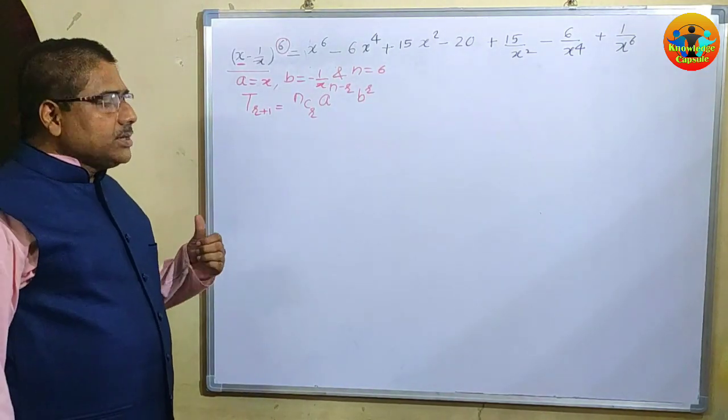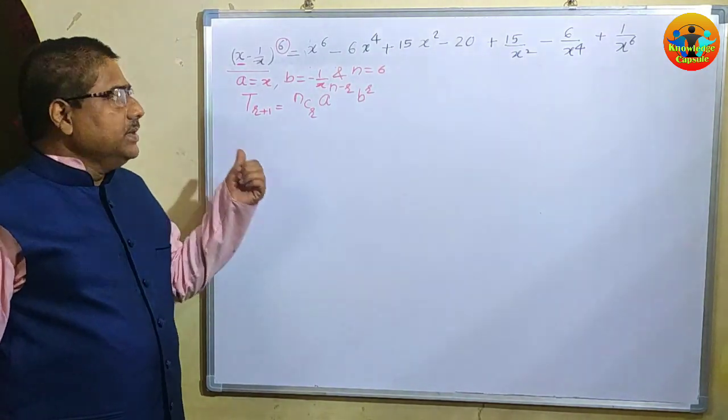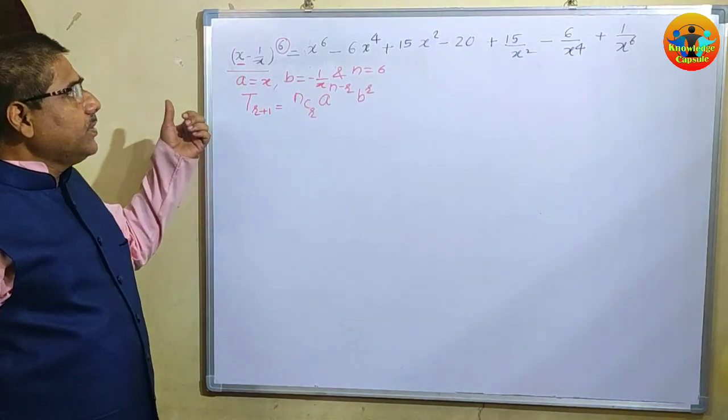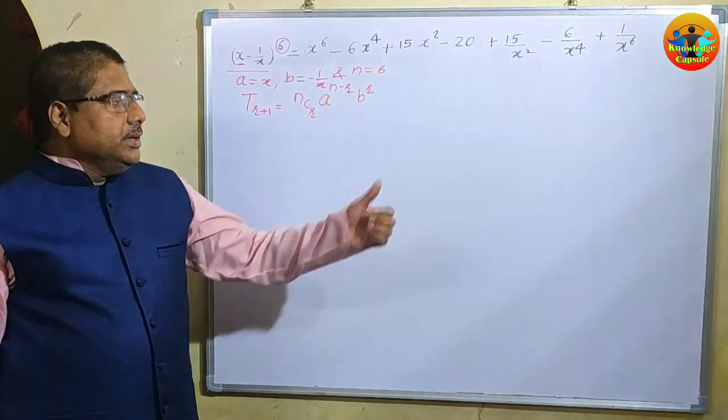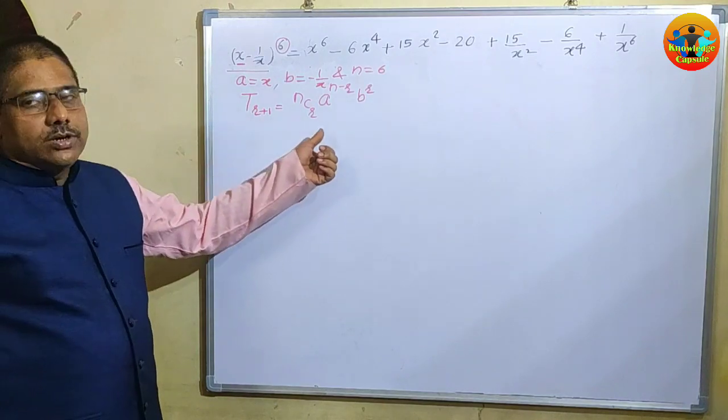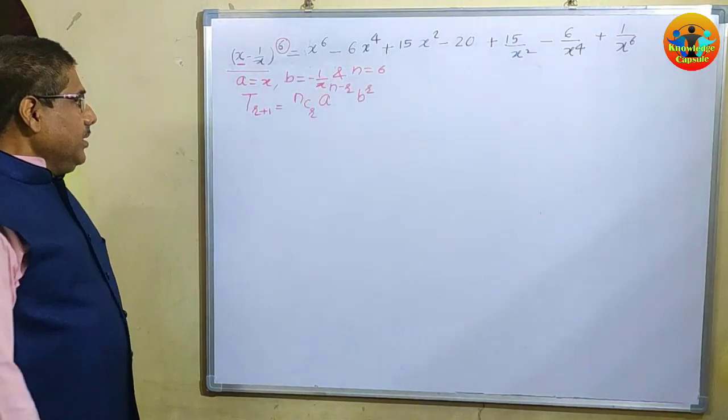Suppose if we are asked to find the fourth term of the expansion, we need not go for complete expansion. Instead, we can use this formula to find the required term.